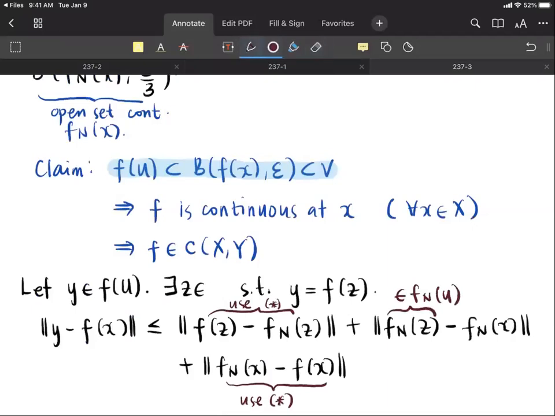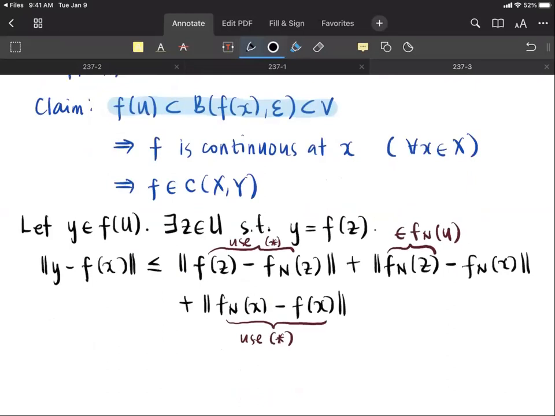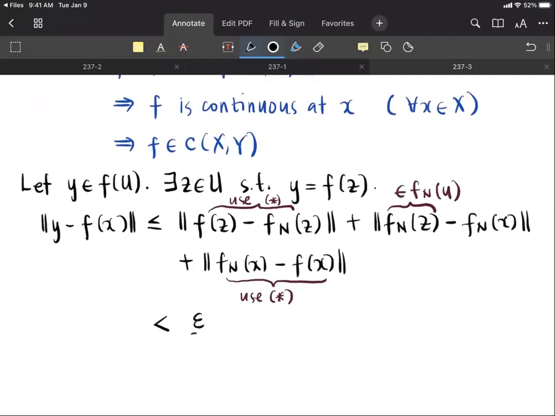Well, we can say more here that z is in fact in u. Okay. And in this case, for the first term, that is less than epsilon over 3, and the third term that is less than epsilon over 3.